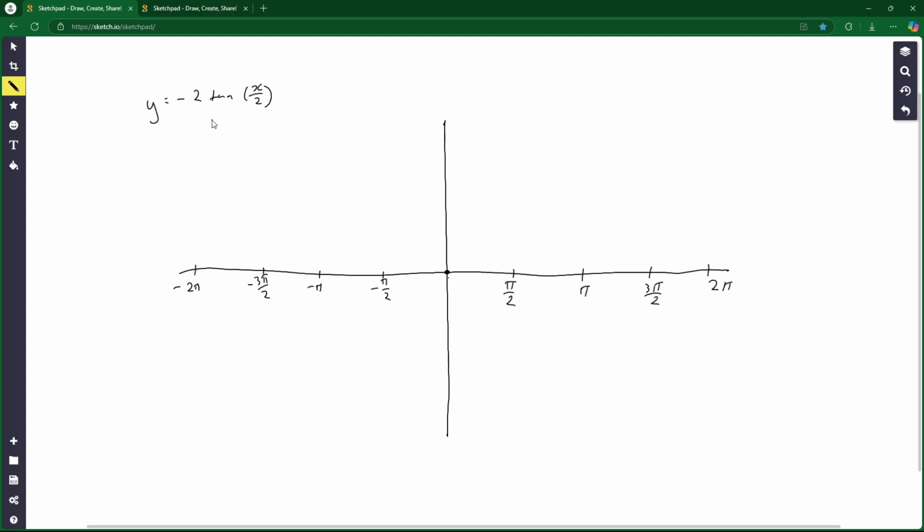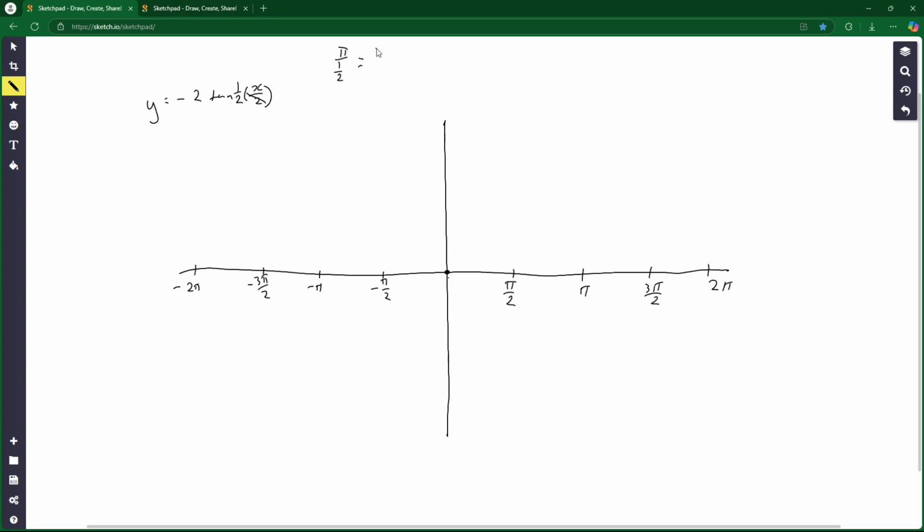We'll go ahead and just figure out our period for now. We take out the 1 over 2 here, so the 1 over 2 cancels out, leaving us with just x in there, meaning it is going to be pi over 1 over 2.